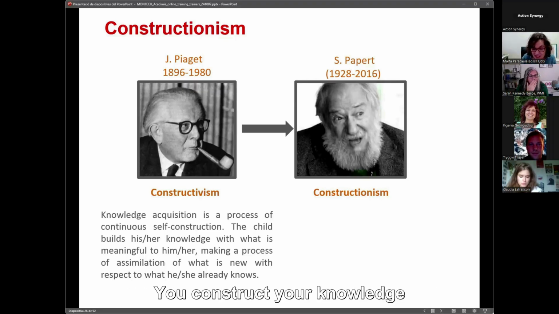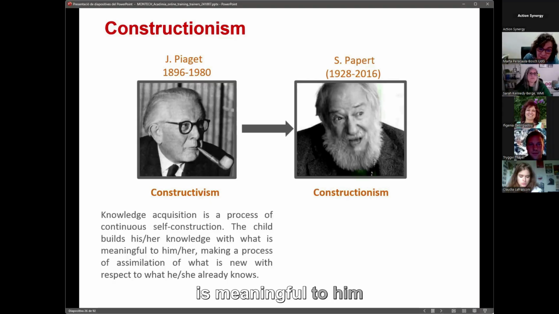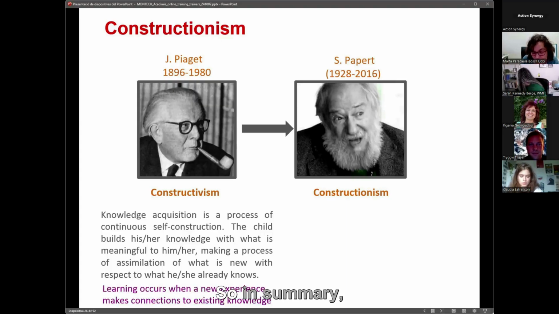You construct your knowledge, and the child builds her knowledge with what is meaningful to him or to her. This is very important, and it is a process of assimilation from what she or he already knows, adapting it to what is new. So, in summary, learning occurs when a new experience makes connection with existing knowledge. It's a quick way to summarize it.